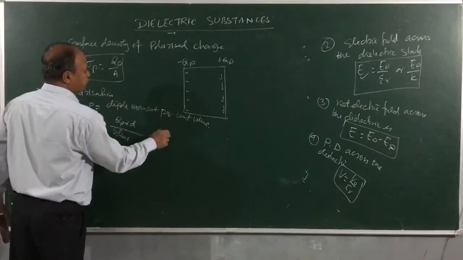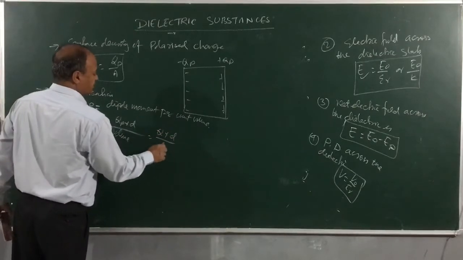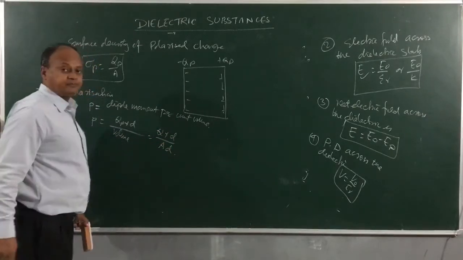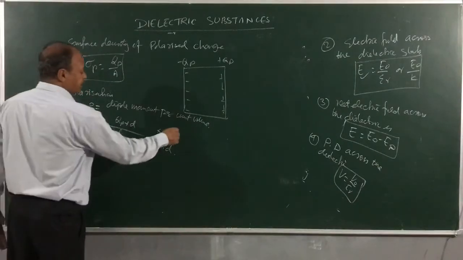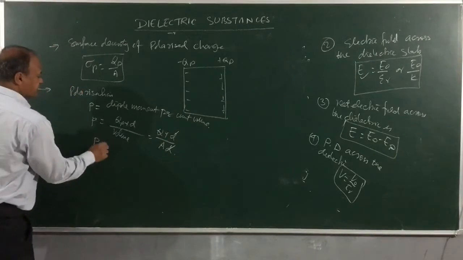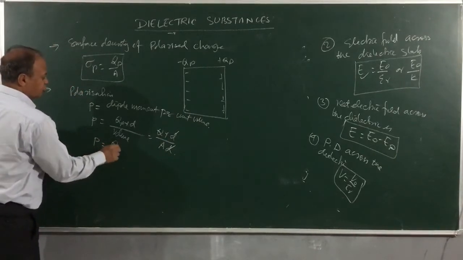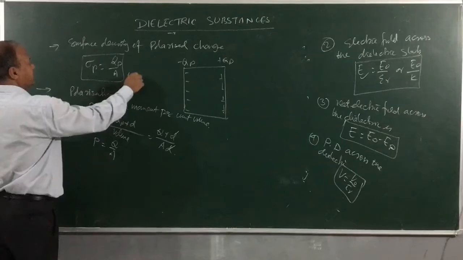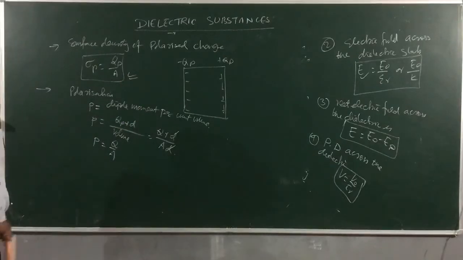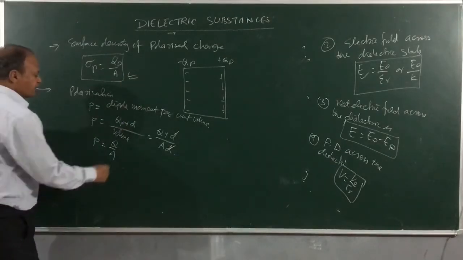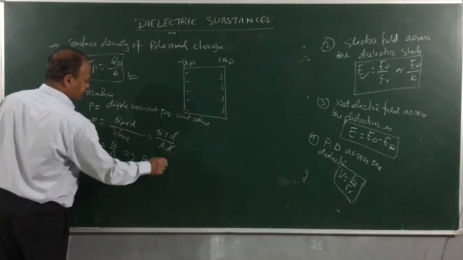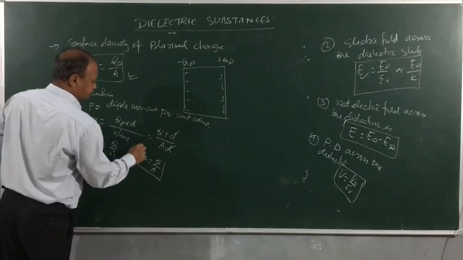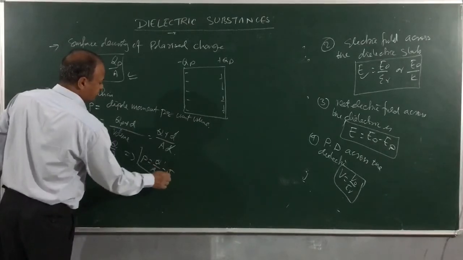It will be QP into d. What will be volume? A into d. If I cancel out d and d, then the polarization vector is Q by A. And we just now said Q by A is equal to sigma P. So here we come across a very important result: P is equal to Q by A is equal to sigma P.